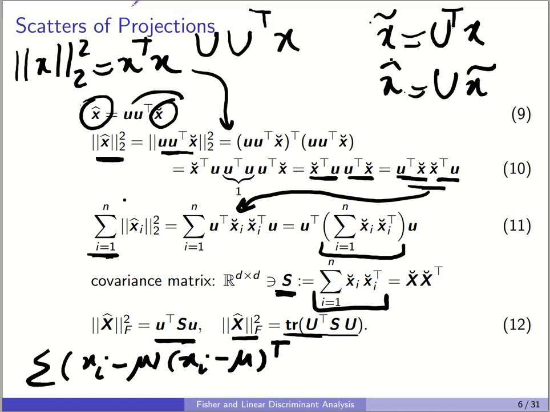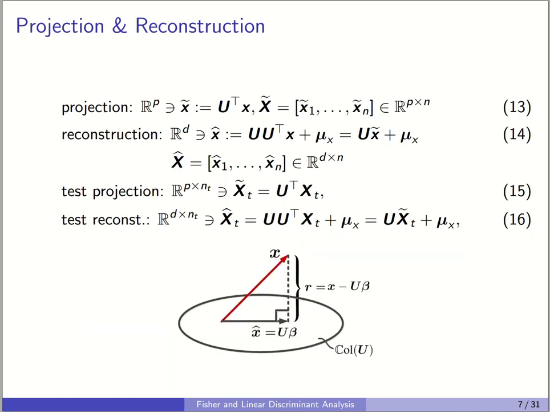Now, as I said, this is projection into the p-dimensional subspace, U transpose x. We denote it by x tilde, and the reconstruction is U x tilde plus mu x. But here, as I said, in Fisher discriminant analysis, we don't need to center data. That's why we can ignore the mu x part.